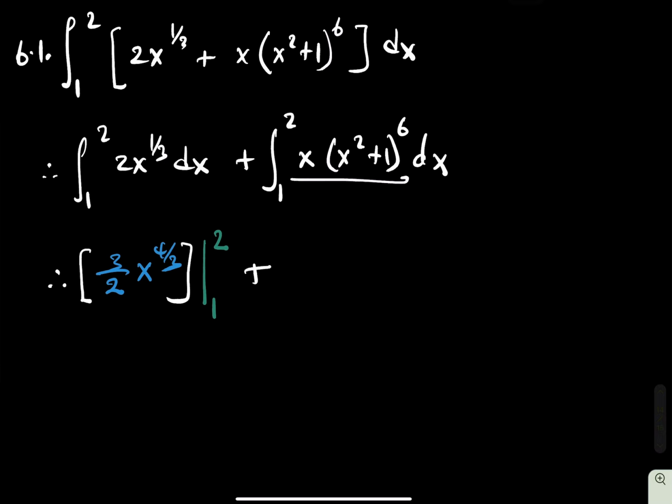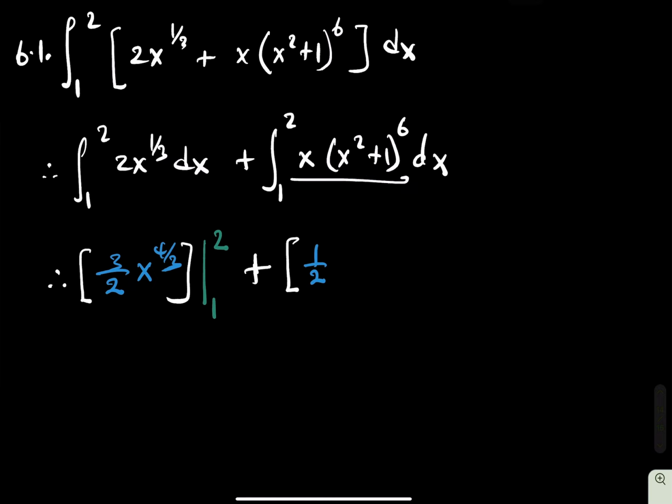That integral is a u substitution. And if you do that nicely, your u is going to be this. So it's going to be half, 1 over 2 u to the power 6.